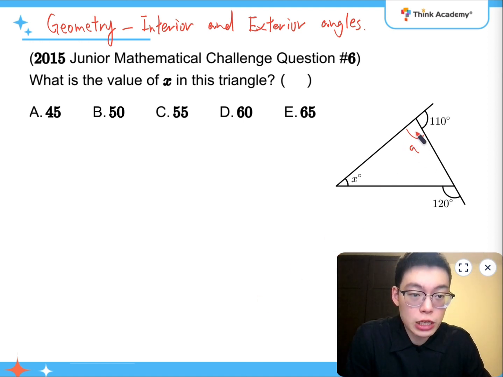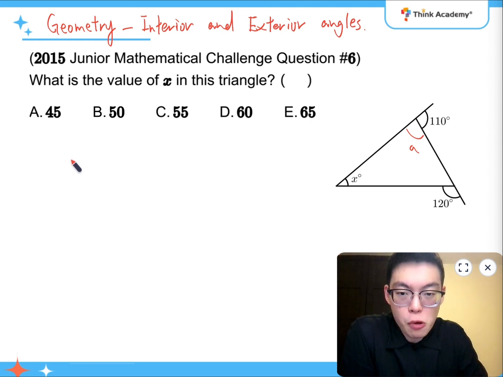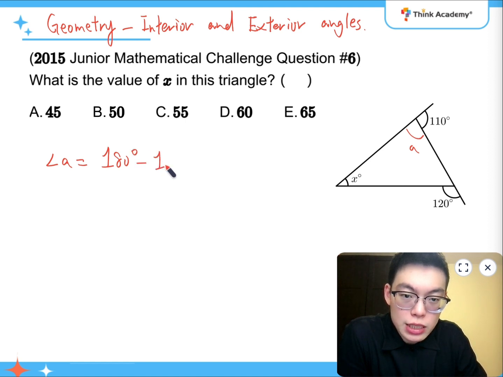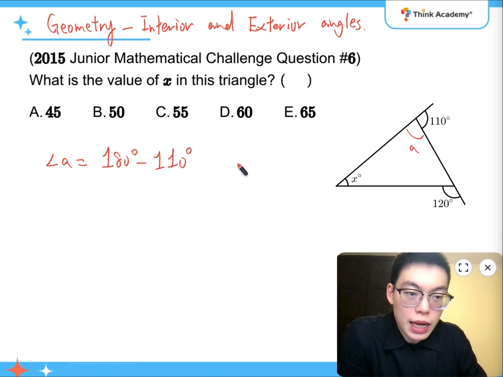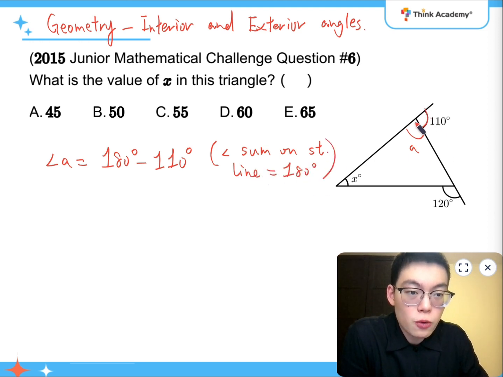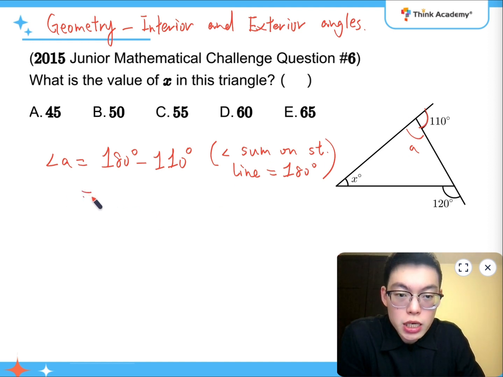First of all, we can try to find angle A. Angle A is going to be 180 degrees, take away 110 degrees, because we know that the angle sum on a straight line is equal to 180 degrees, right? So removing 110, we get A equals 70 degrees.